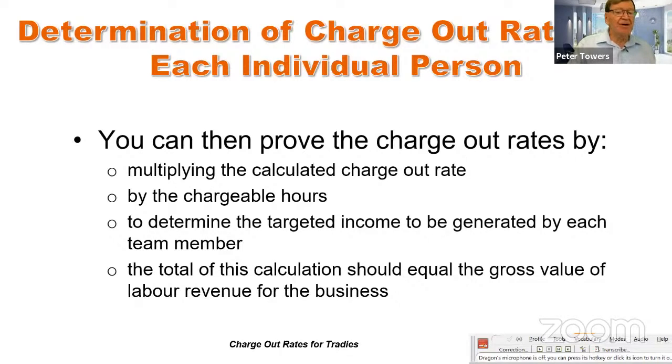You can prove that by multiplying the charge out rates by the chargeable hours for that person to determine the targeted income to be generated by each team member. And the total of this calculation should equal the gross value of the labour revenue for the business.